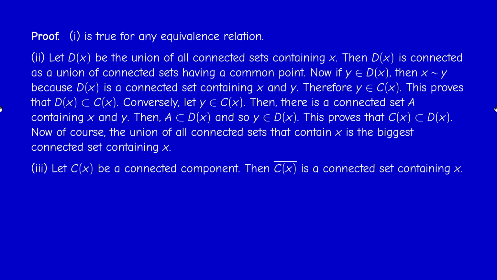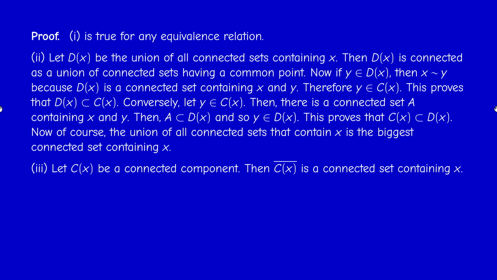Now, third point: why are the components closed? Consider a component, C(x). It's an equivalence class. Since C(x) is by definition connected, because it's the biggest connected set, its closure, as we know from Lemma 4.2, the closure of a connected set is connected.